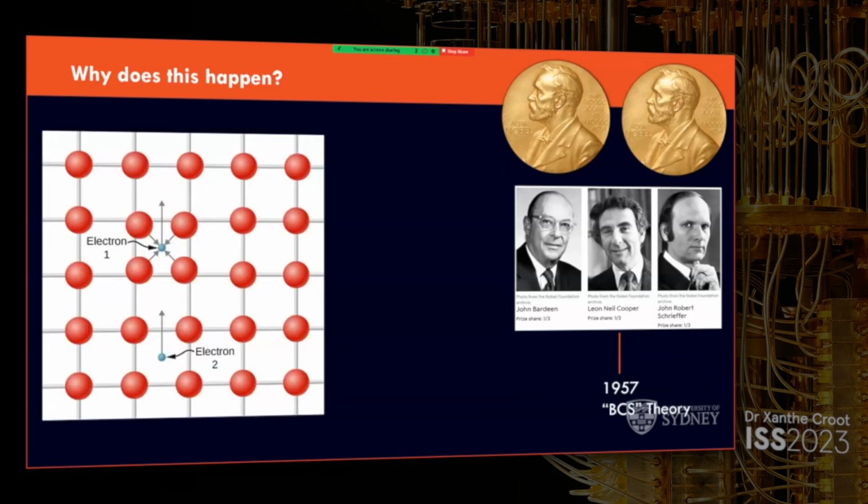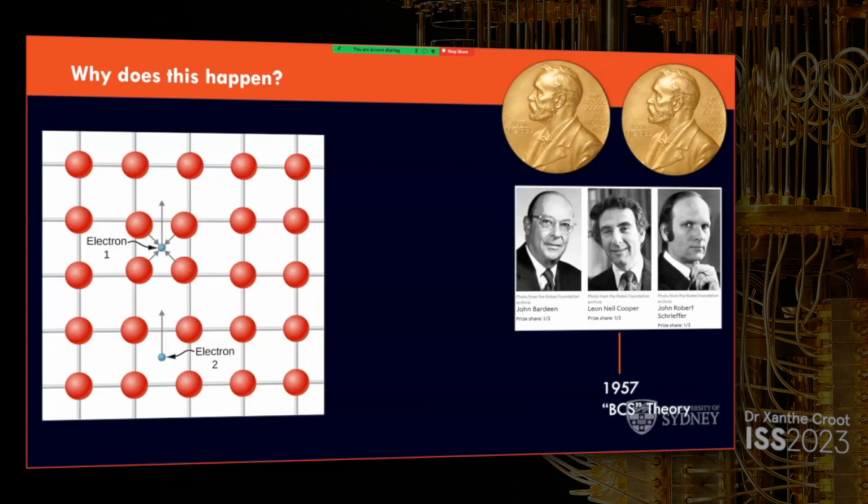What they hypothesized is that superconductivity occurs because there's an attractive interaction between electrons in the lattice. On first consideration, that doesn't really make sense because electrons are negatively charged and you would think that they would repel each other, not attract each other.